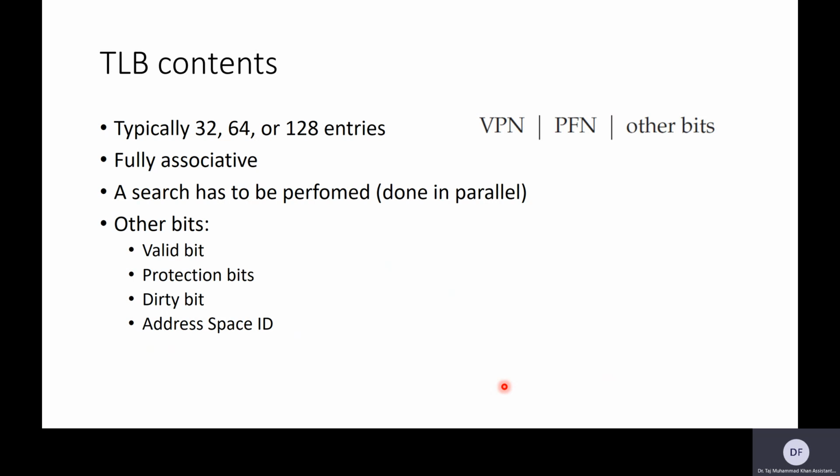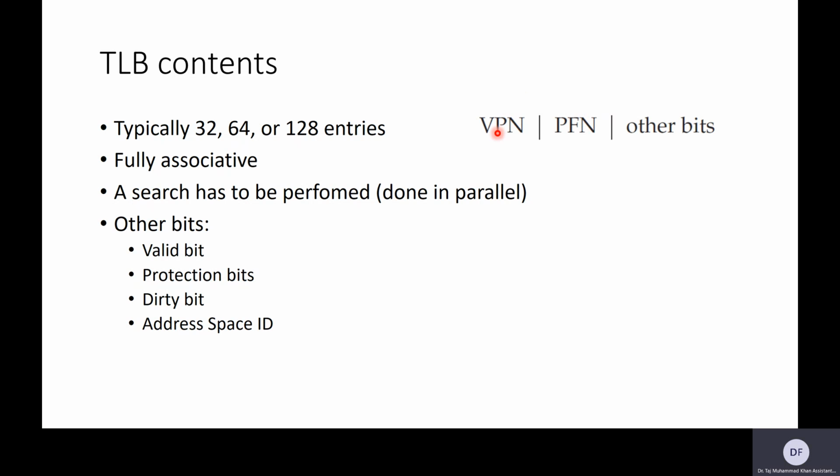So what does a TLB look like? What is inside a TLB? A TLB basically is a table, or we can say an array of TLB entries, and each TLB entry looks like this. First of all, we will have a mapping from virtual page number to physical frame number.